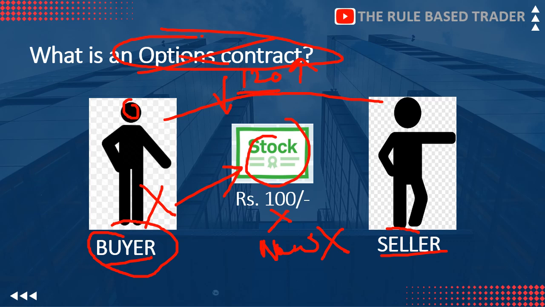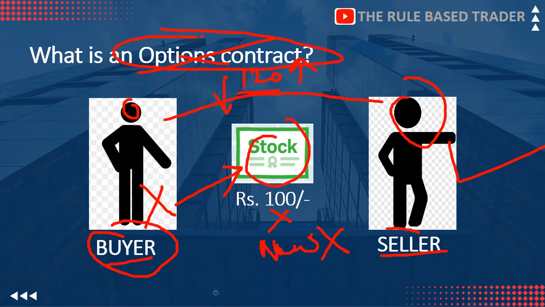So what's in it for the seller here? For the seller to come to this kind of agreement with the buyer, the seller demands a certain price, as he is taking the risk of selling the stock at a predetermined price within the time period, even if the stock goes above that price, taking a loss.